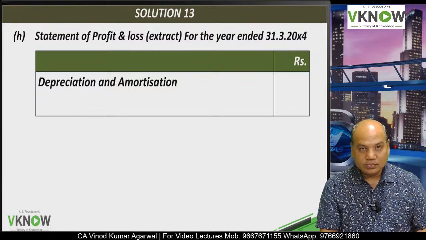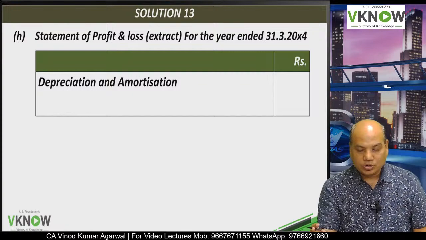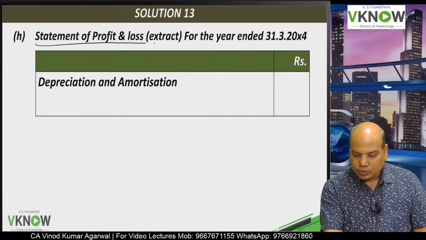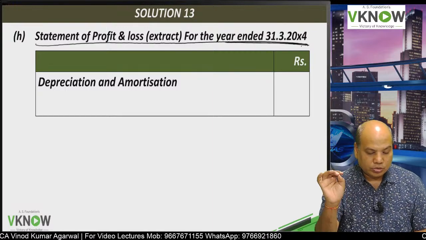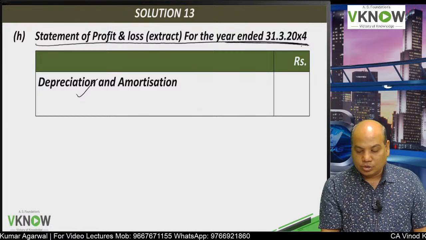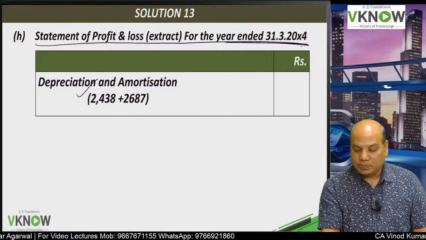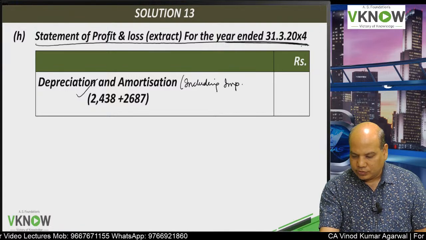And one last thing, how this will appear in the statement of profit and loss? In the statement of profit and loss for the year ended 31st March 2004, I have to disclose two things. I have to disclose depreciation and amortization, and I have to also disclose impairment loss, including impairment loss.